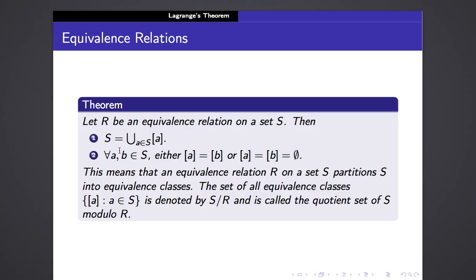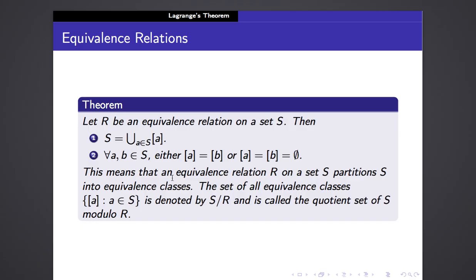It's supposed to be intersection. So A intersection B, sorry about that, I'm going to fix that later. A intersection B again is empty. So the class of A and the class of B are disjoint. The intersection of the class of A and the equivalence class of B is empty.